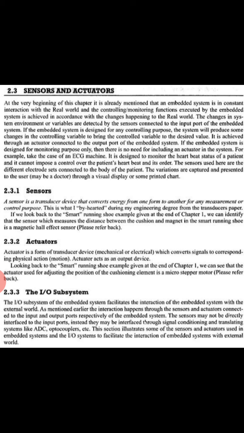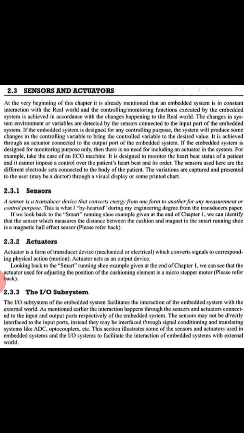What is a sensor? A sensor is a transducer device that converts energy from one form to another for any measurement or control purpose. This is what I heard during my engineering degree in the transducer paper.